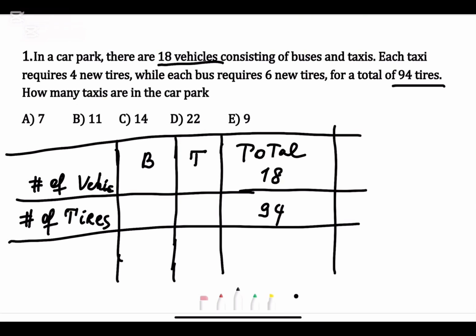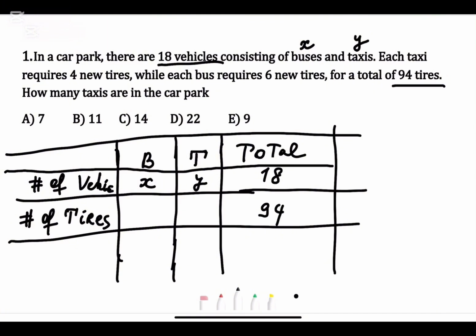Well, I don't know how many buses and taxis in the car park we have, so we're going to be using some variables, hello algebra, to represent their number. So let's say we have X buses and Y taxis, X, Y. Everything represents the quantity, their number.